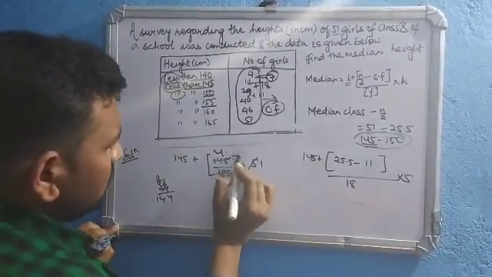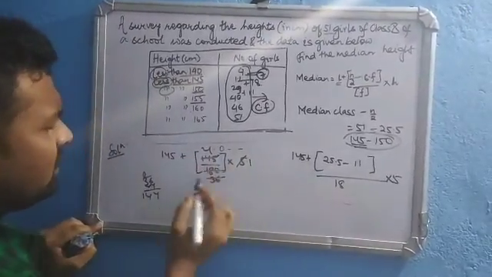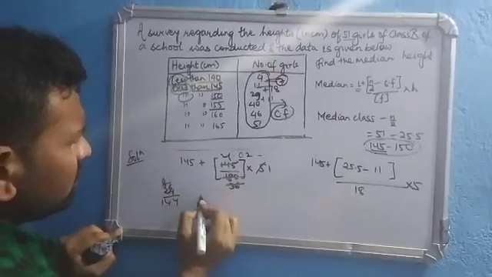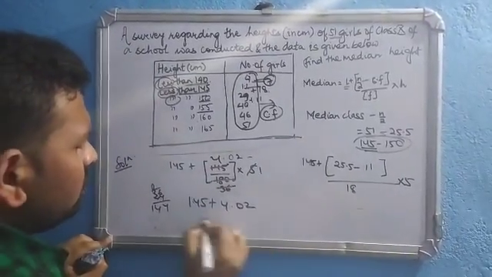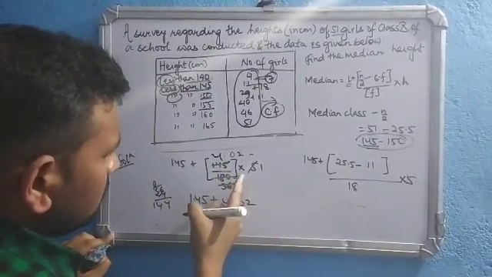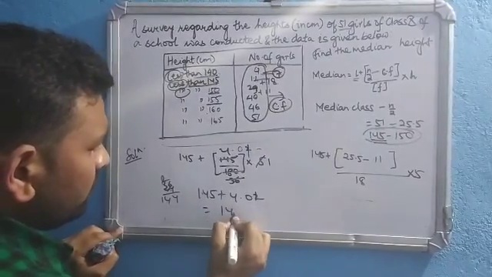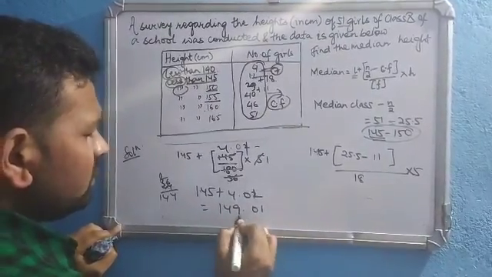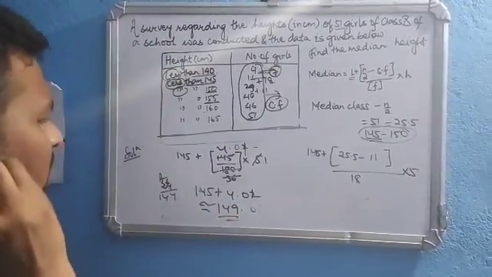So we have 4 point something, around 4.02. So you will get 145 plus 4.02, that is around 149. So that will be almost equal to 149. So this will be the median.